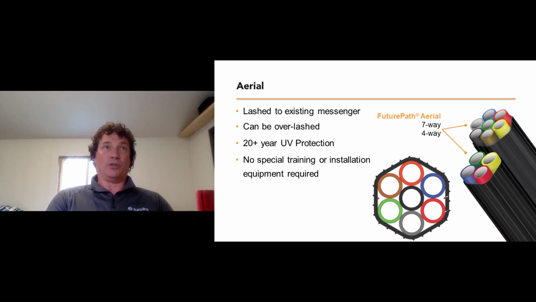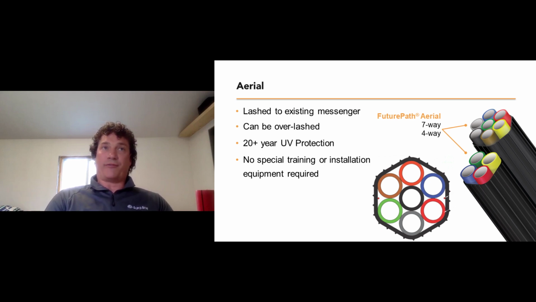Everything needs to be UV rated when you're going outside, but this is a great solution where you need to transition to go across a waterway, a bridge, some sort of route that is very difficult. There's a great install that we did in Ontario that was a causeway, and we just couldn't get underground in that causeway, so we went aerially, and they were able to have that transition from the underground to aerial and then back to underground.